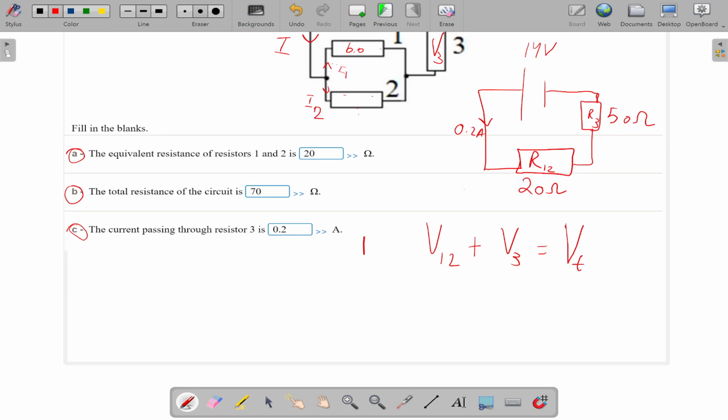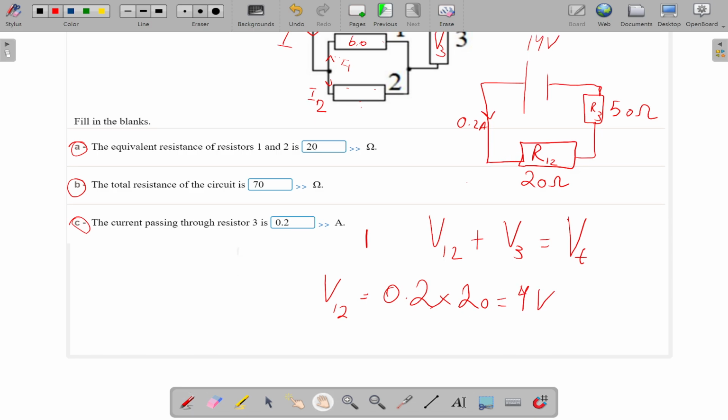Now we're going to find V12. The current passing through resistors 1 and 2, the equivalent resistance of these two combined into one, is 0.2 times 20, which gives me 4 volts.